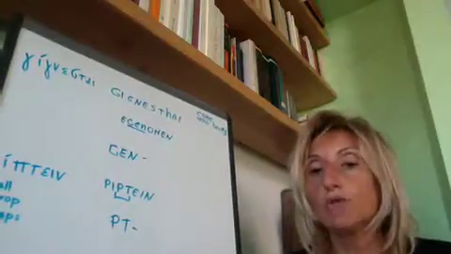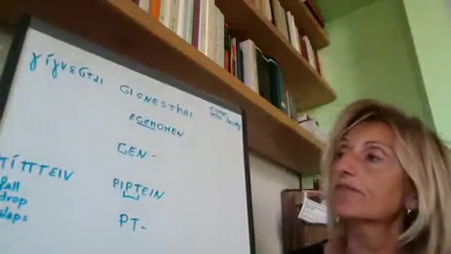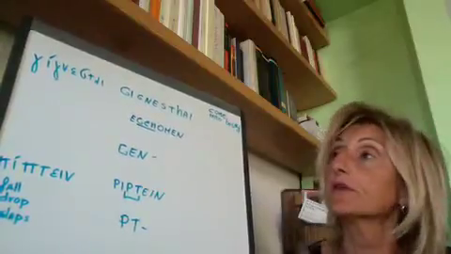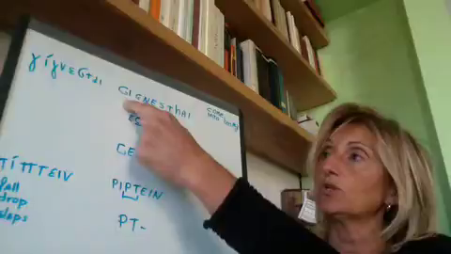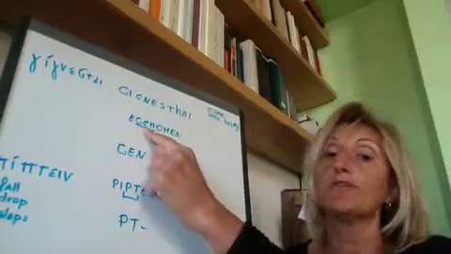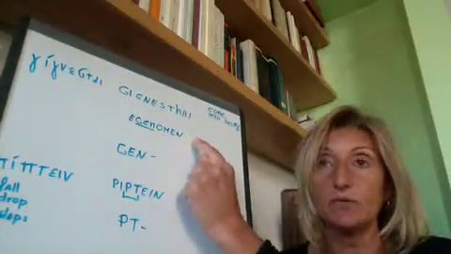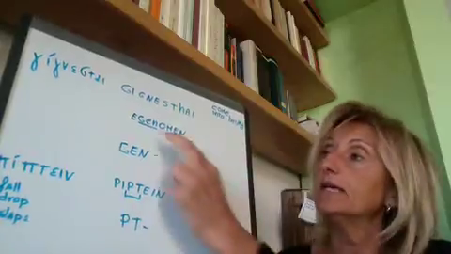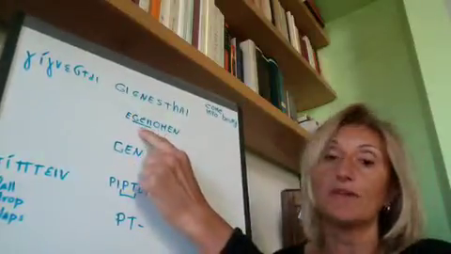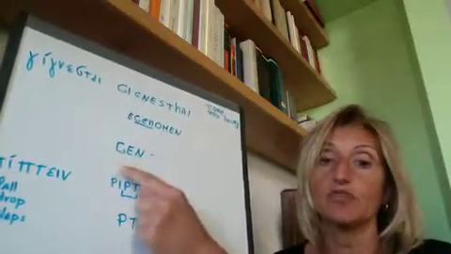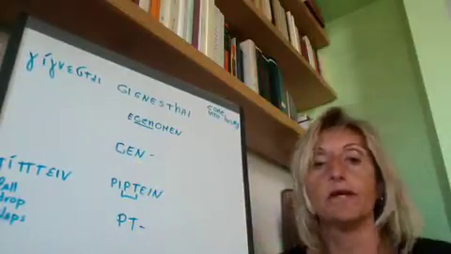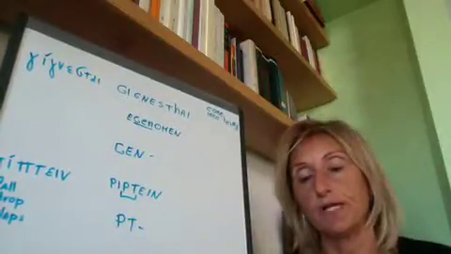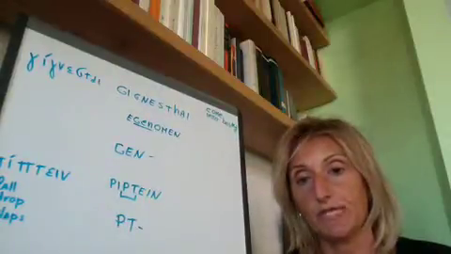All these words come not from the present of the verb, gignesthai, but from the form egenomen, which is the past, and that has the stem of the past, gen, so you get gen, and you form your medical terms from this.